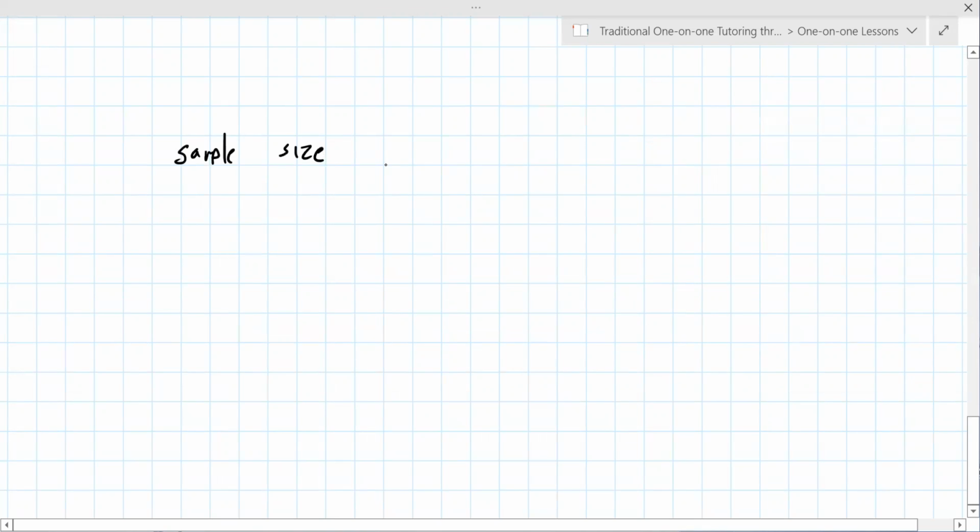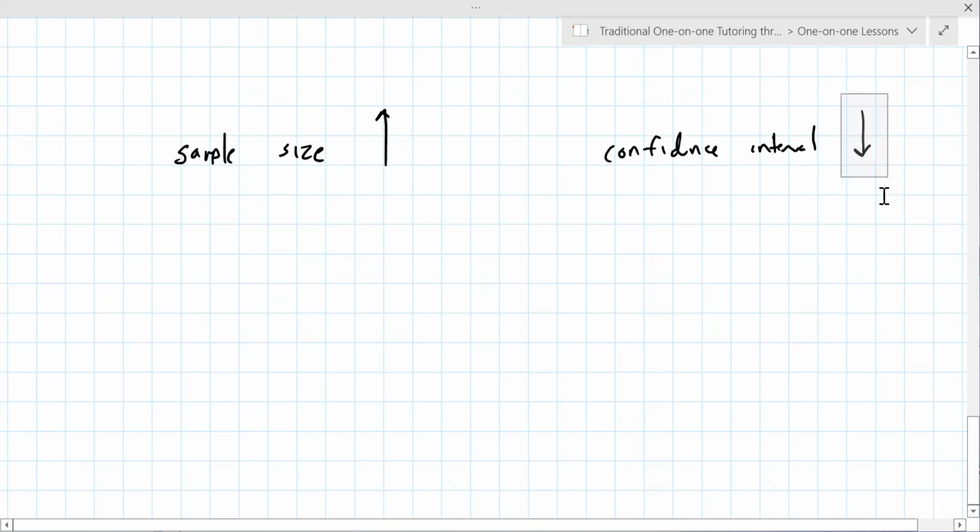As the sample size increases, the confidence interval, the window, this actually decreases the width. So maybe we should say narrower.